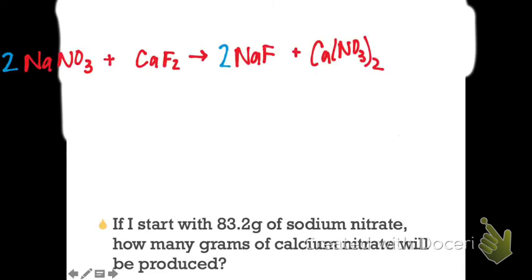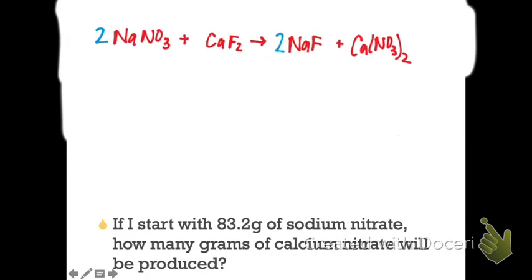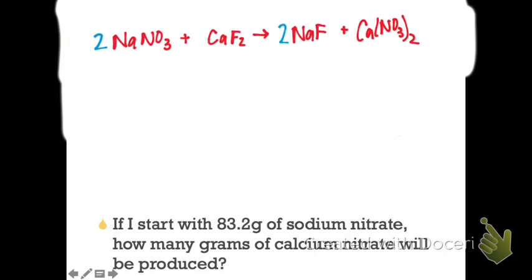All right, so it says if I start with 83.2 grams of sodium nitrate, how many grams of calcium nitrate will be produced?